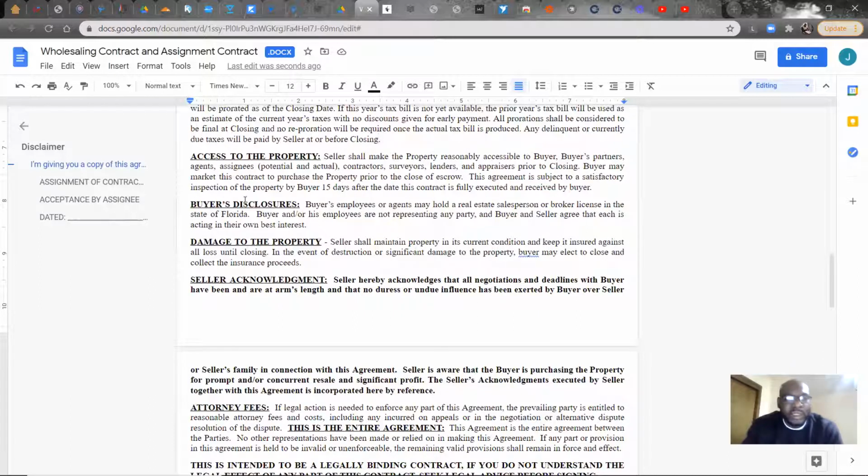Buyer may market this contract to purchase the property prior to the close of escrow. That is saying that you have complete access to the property. If it's vacant or if there's a tenant in there, you will make arrangements to take someone over there to see it, and you don't tell the sellers that it's a cash buyer. In some situations, I've closed a lot of deals where I've actually told the seller what I was doing.